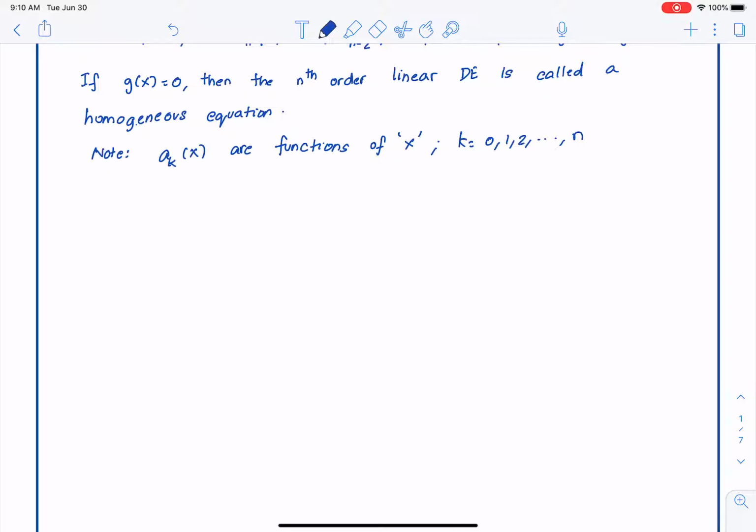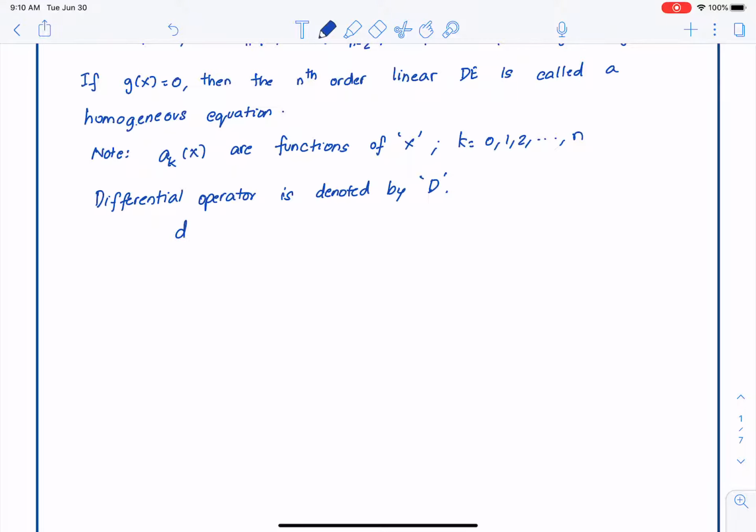One of the most important things in terms of notation is the differential operator. The differential operator is denoted by uppercase D. What does that mean?